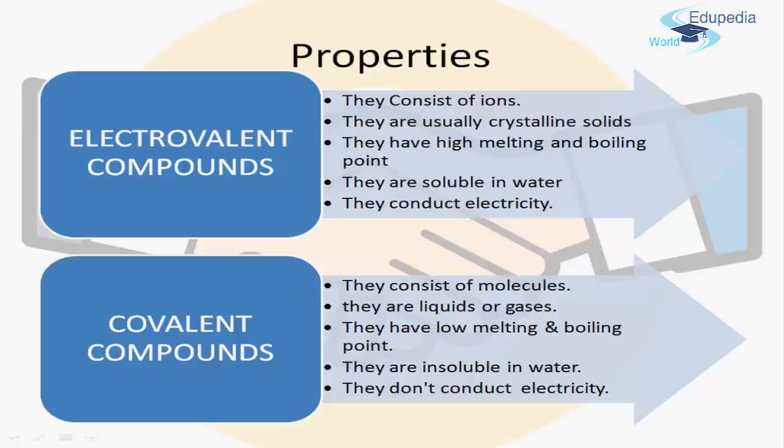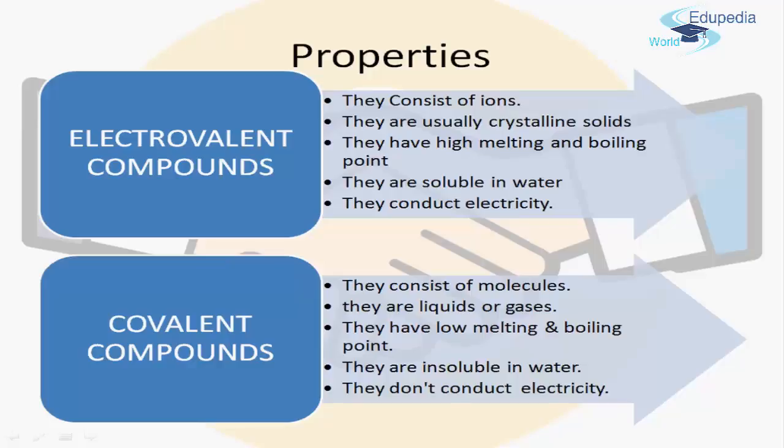Second, they are liquids or gases, because covalent compounds are usually liquid due to the weak force of attraction between the molecules. So covalent compounds usually have a low melting point and low boiling point. For example, naphthalene has a low melting point of 80 degrees centigrade and carbon tetrachloride has a low boiling point of 77 degrees centigrade.